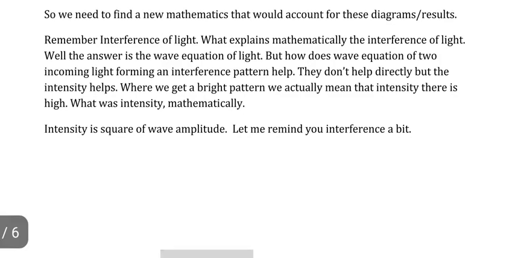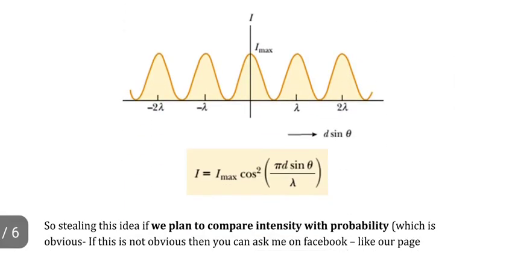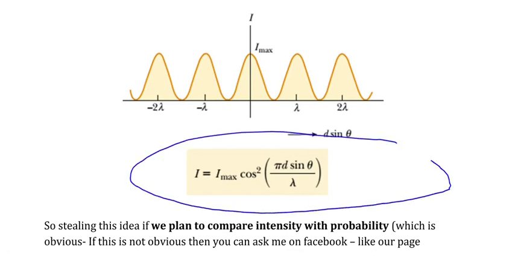It is actually the formula of intensity distribution. This is the intensity distribution that you studied in your +2 physics, in the interference chapter, that well explains the light's behavior and the pattern that the light forms on the screen. Agreed?